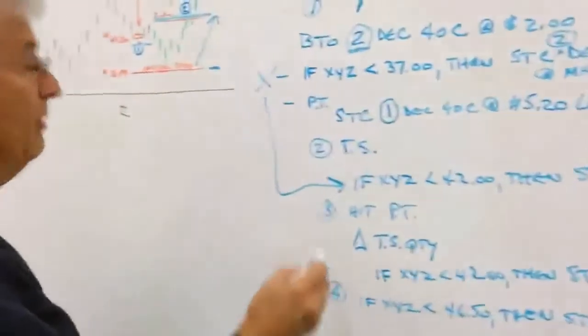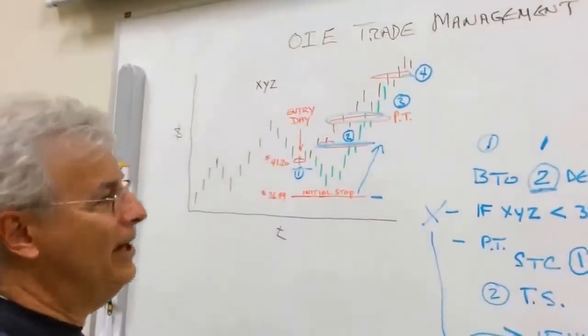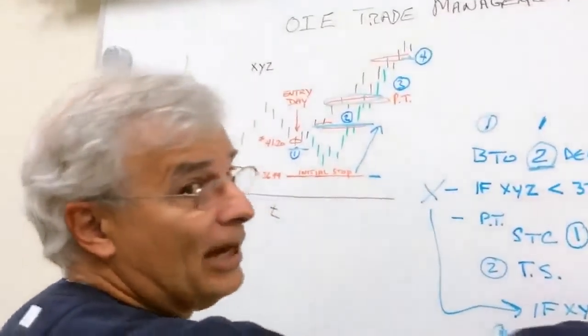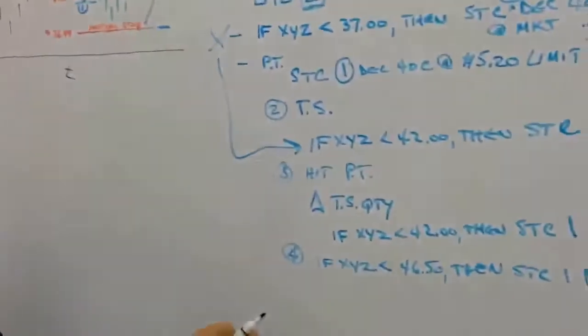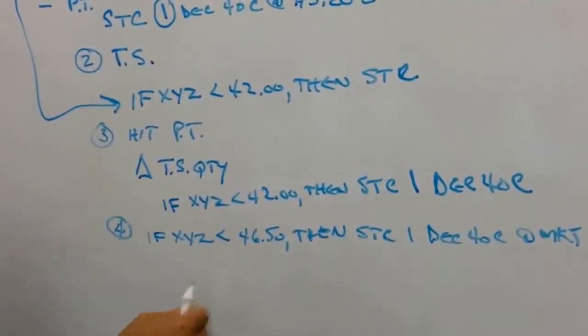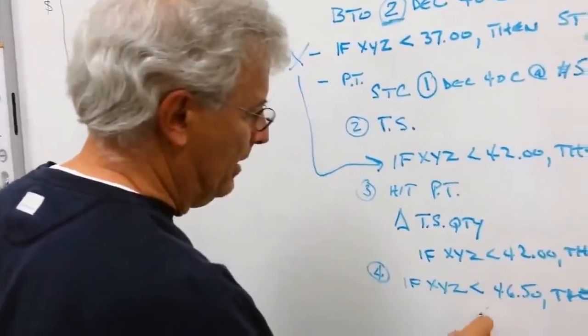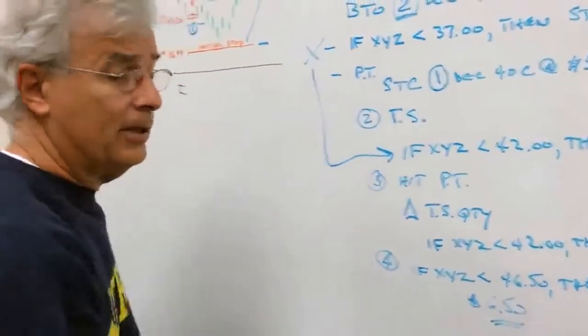And at that point, you're very happy. If you get stopped out here, you're very happy because you sold half at 520 at the profit target with the stock at 46.50. The price of that option, remember, there's still a lot of time value left in it. It's probably going to be more like $6.50 for that second half position.